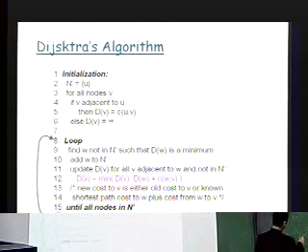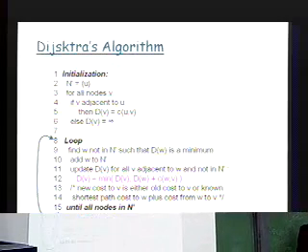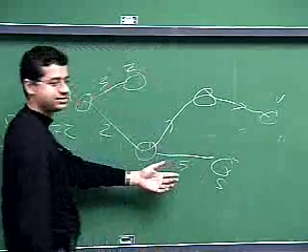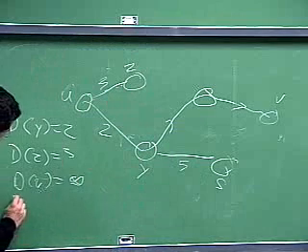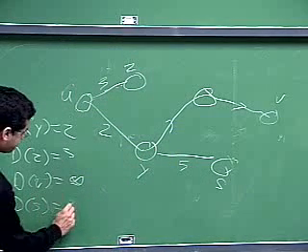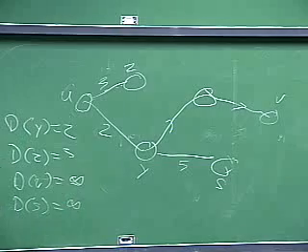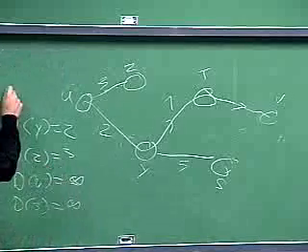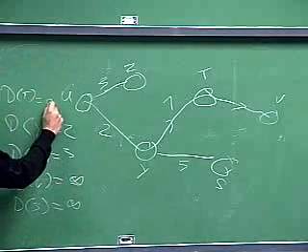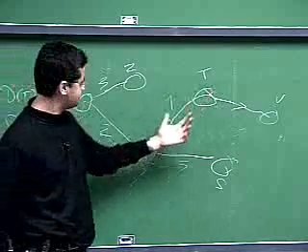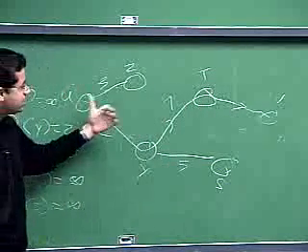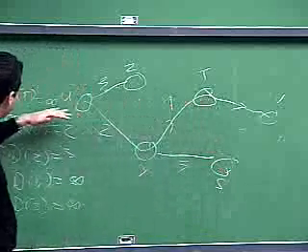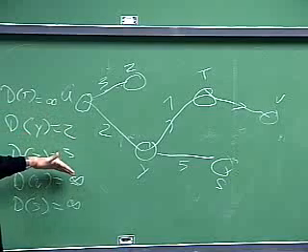So an example here is, let's say you have this node S and this cost is 5. When you initialize, D of S was infinity. D of T was also infinity, because there is no direct link between U and T and U and S. So in the initialization step, your distance to both of those nodes was infinity.